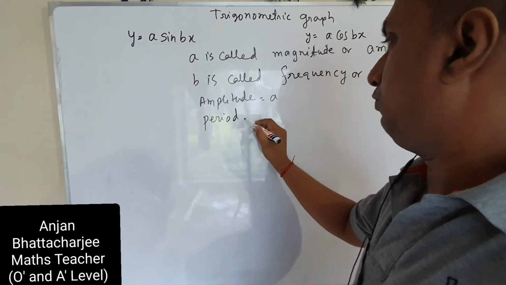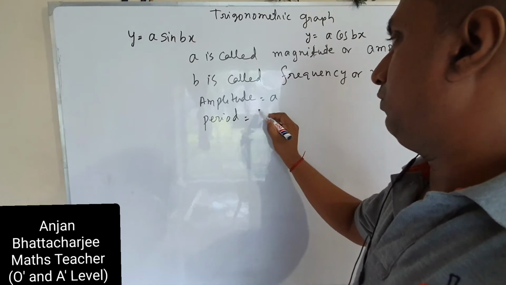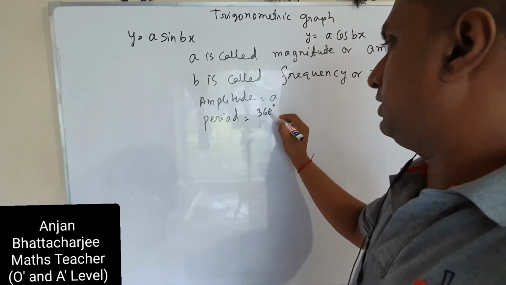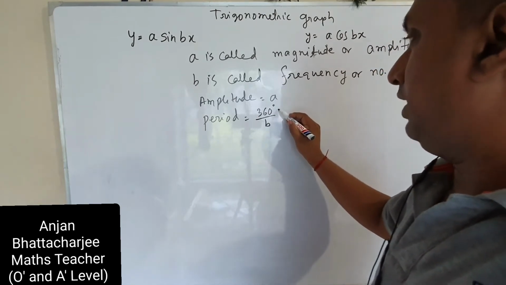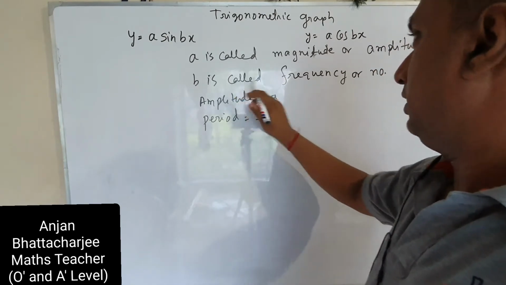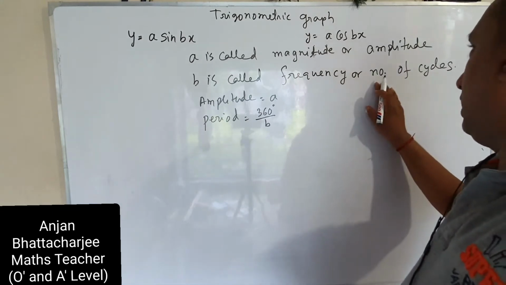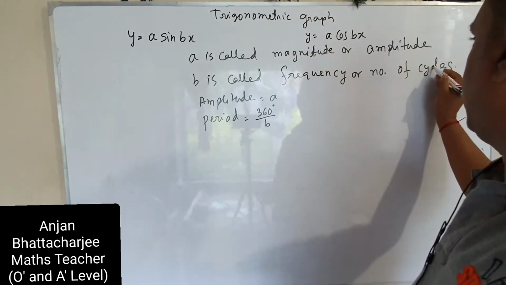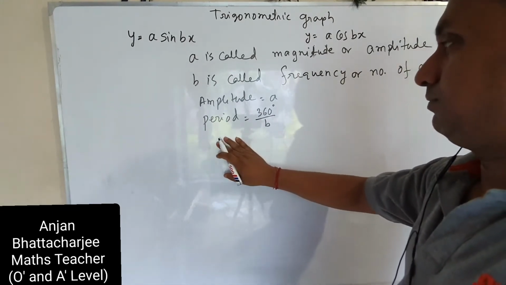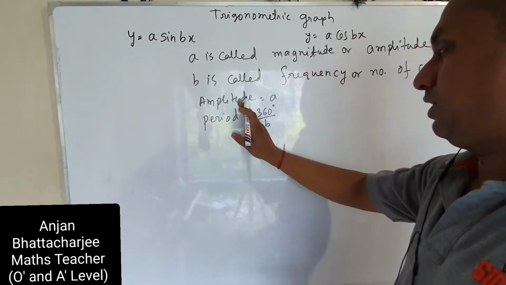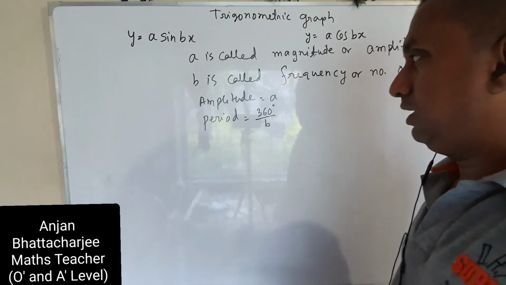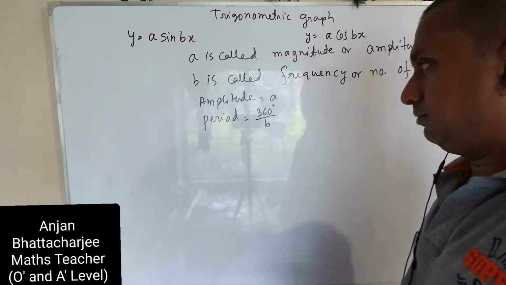How to find the period? We divide 360 by B, the frequency or number of cycles. Period means it repeats after 360 by B degrees.